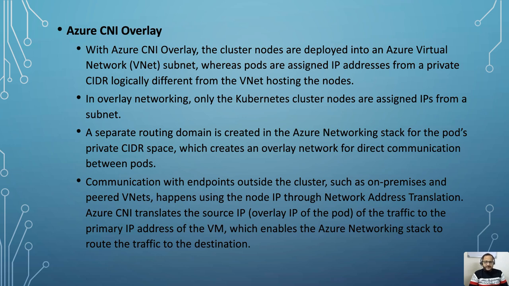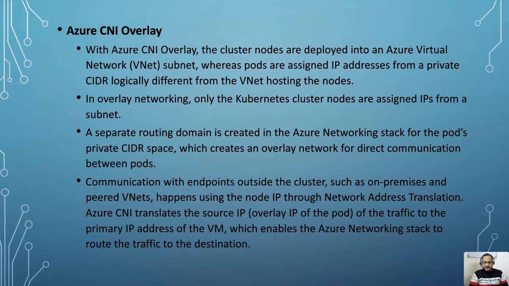The same thing is happening with Azure CNI overlay. The nodes hosted in the virtual network get IP addresses from the subnet, but the pod IPs will be logically different, private IP addresses which AKS will allocate to your pods.